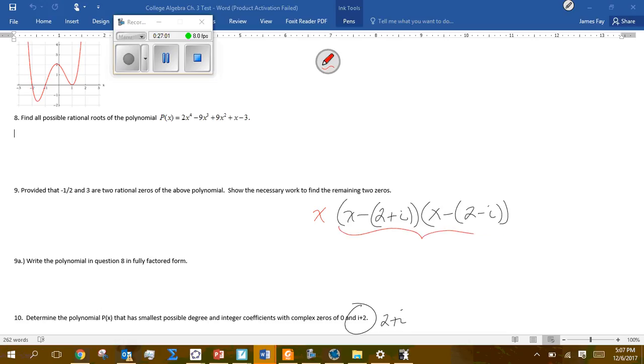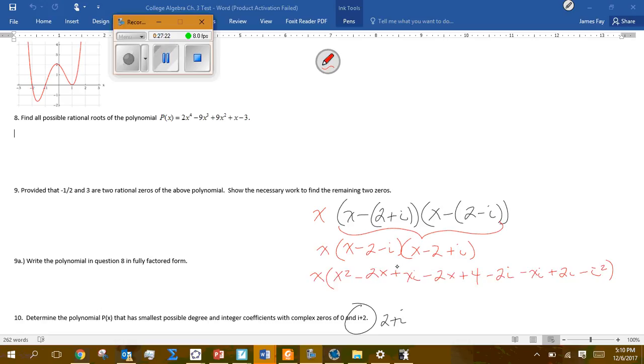Now I look at this thing, I want to multiply this out. I think a lot of you are probably comfortable with doing this. Rewriting that first factor as this, writing the second factor, just distributing the negatives through like that, and now you've got a trinomial times a trinomial, so go ahead and FOIL that out.